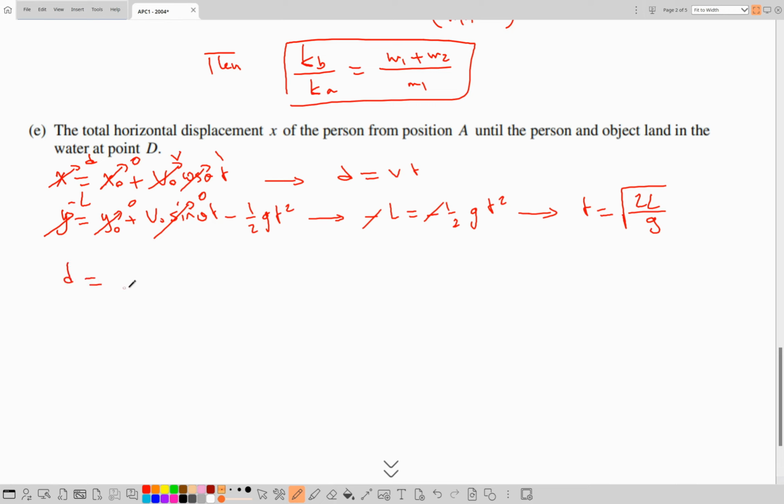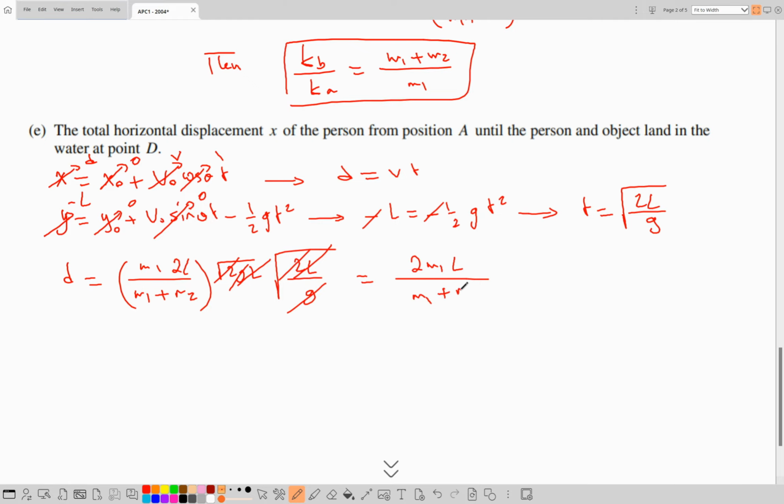So d in this case is given by v, which is the fractional mass m1 divided by m1 plus m2, multiplied by the radical 2gL, multiplied by t, which is the radical of 2L divided by g. Now g with g cancels, radical 2 with radical 2 gives us 2, and radical L with radical L gives us L. So that would be 2m1L divided by m1 plus m2.